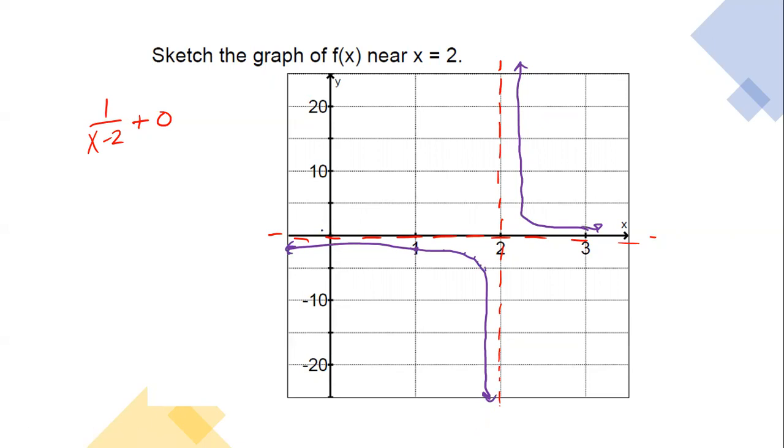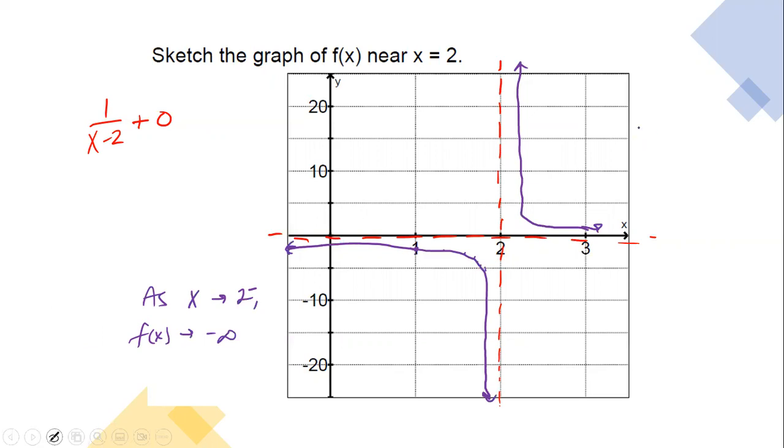Okay, so our behavior is as x approaches 2, and we're going to write from the left by putting a negative there. F of x is doing what? F of x approaches negative infinity. So we're describing the behavior of the function.